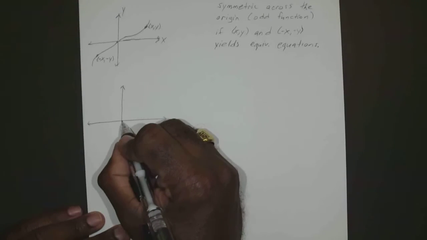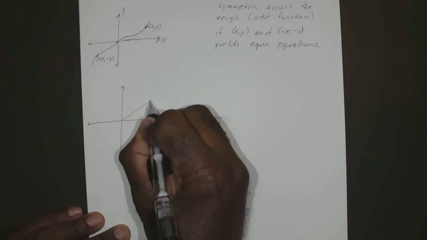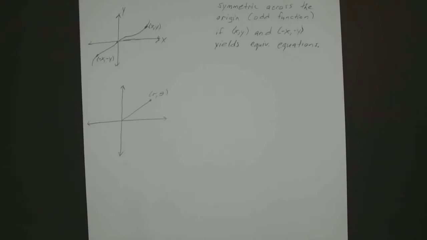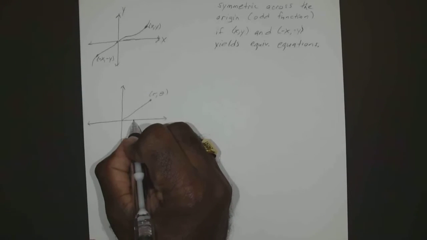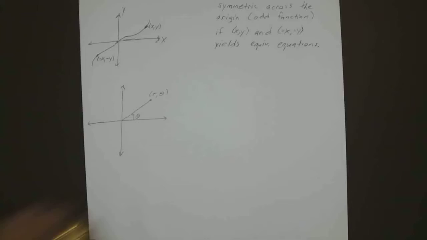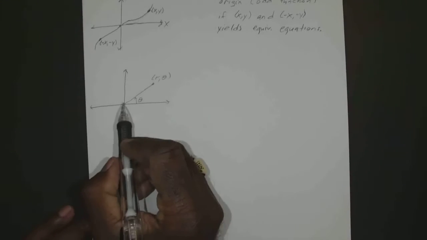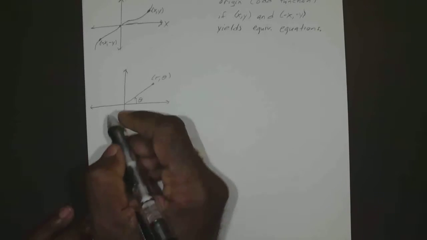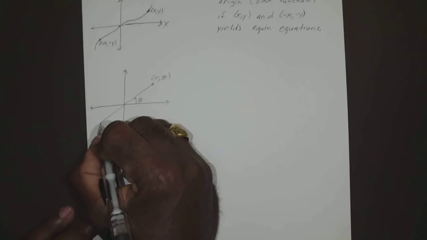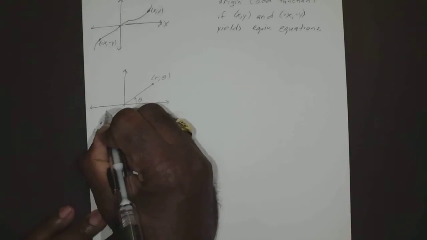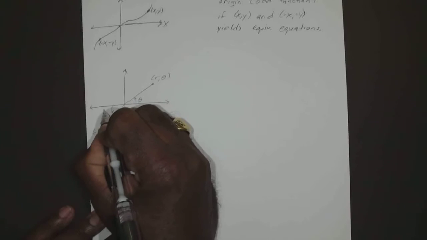Okay. So let's say here you have your point r, theta, and we know that our theta is going counterclockwise. So what if we go negative r, theta? Still going counterclockwise, but we just went with negative r. Okay.